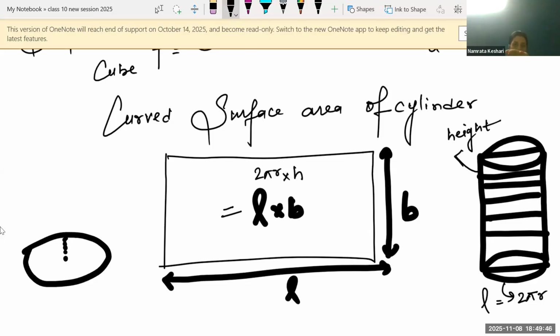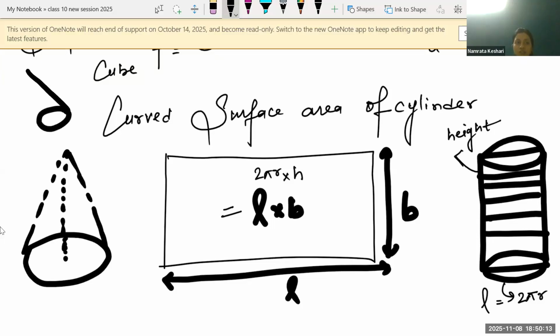Suppose I am taking a circular sheet and creating a perpendicular over here, and then here I am dropping a conical tent. Then you will get a right circular cone. Yes or no? This is a right circular cone. However, you must have seen conical shapes like this as well. Have you seen? It's not right circular. Clear?